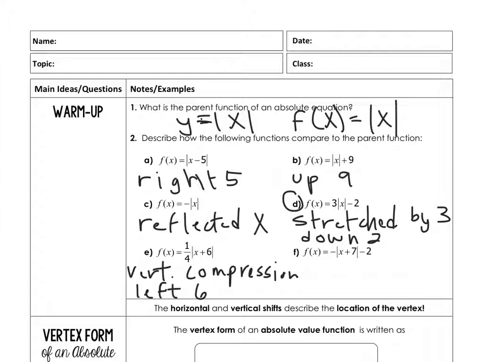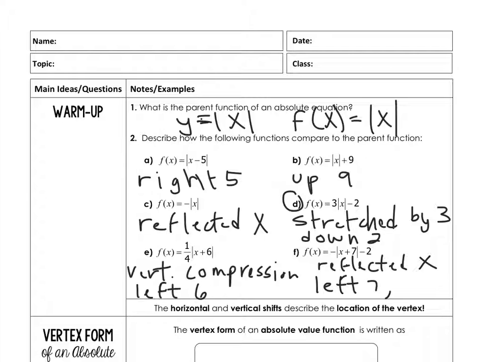Okay, so now on F, oh my goodness, we have lots of things going on here. So F, we reflected across the x-axis, that's the negative out front, so that means it turns upside down. We also have a change in the input, so the input changed by +7, which means that we're going to move to the left by 7.